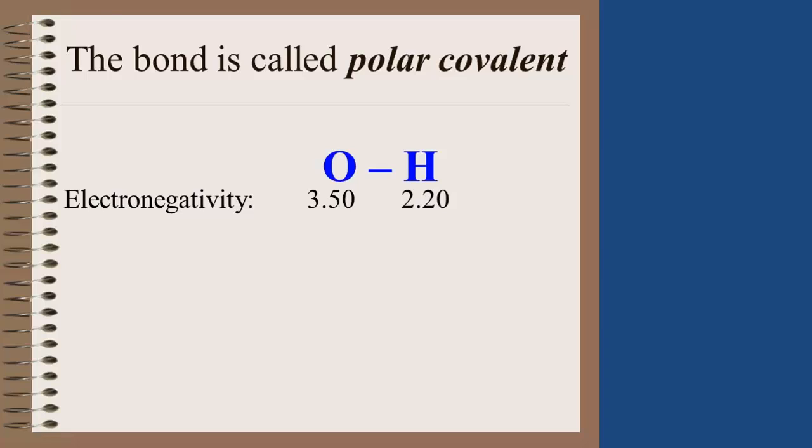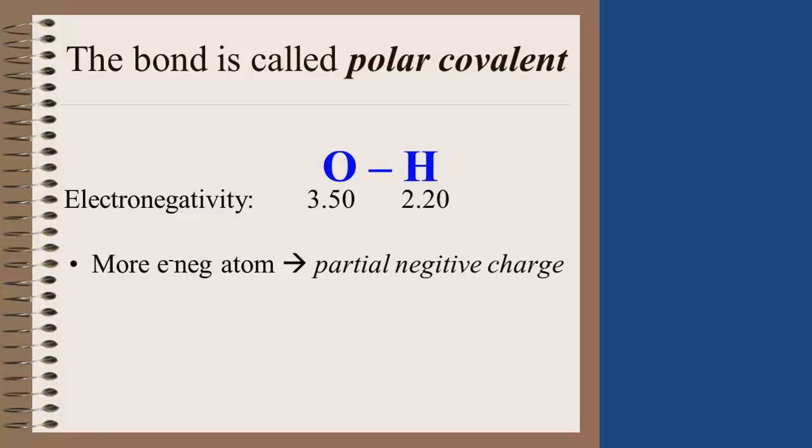So if we consider a bond like that which we see in water, one of the hydrogen-oxygen bonds, oxygen has an electronegativity value of 3.50, hydrogen 2.20. Obviously, oxygen is the more electronegative element, so it is going to attract the electrons more, and so the electrons in that bond are going to favor the oxygen end of the bond.